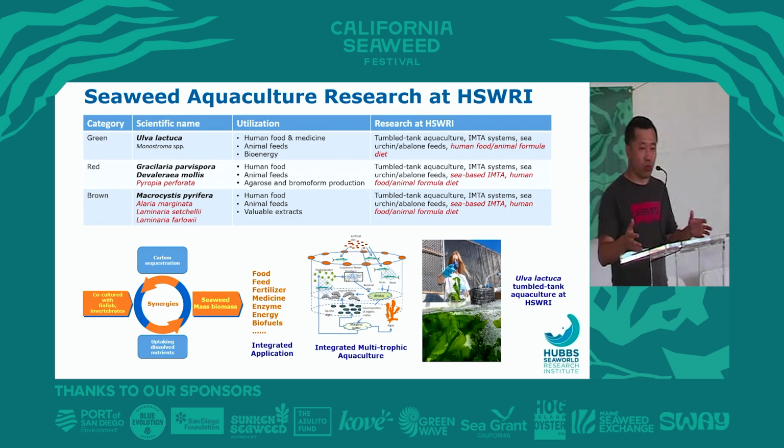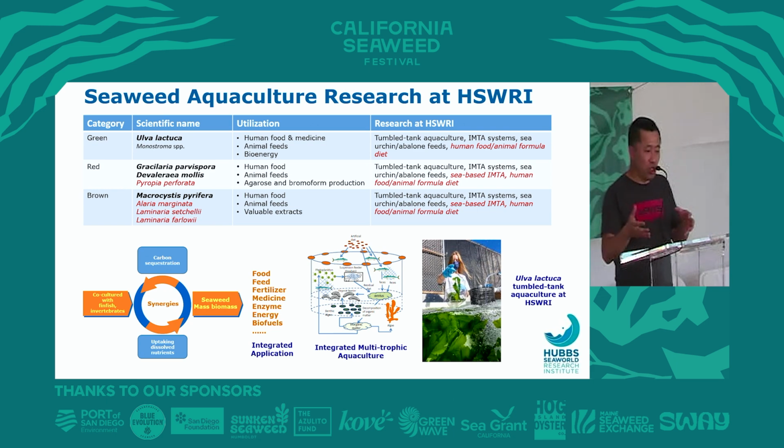Currently at Hubs, we are focusing on 4 species. One is the green algae Ulva. The second is the red algae Gracilaria and Devaleraea. And we also culture the brown algae Macrocystis. We focus our research on tank culture and IMTA systems.